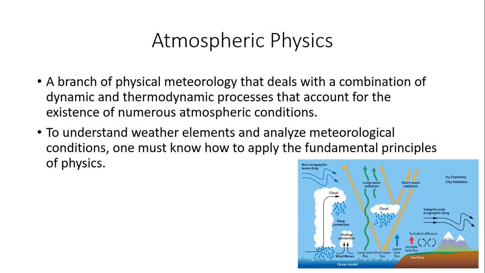We talked about the incoming shortwave solar radiation as well as outgoing long-wave Earth radiation. So there's a lot of atmospheric physics within the atmosphere itself and a lot of energy and motion.